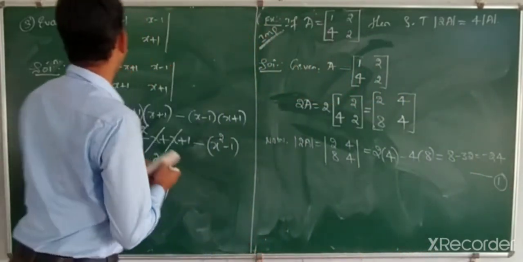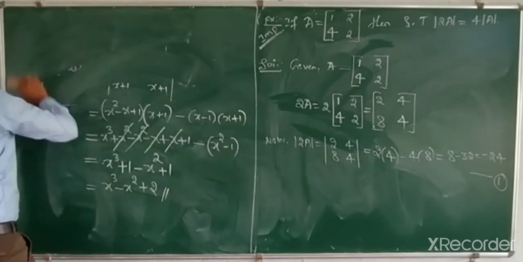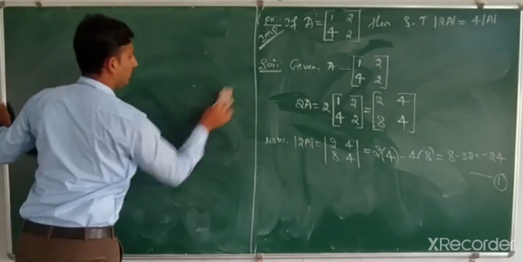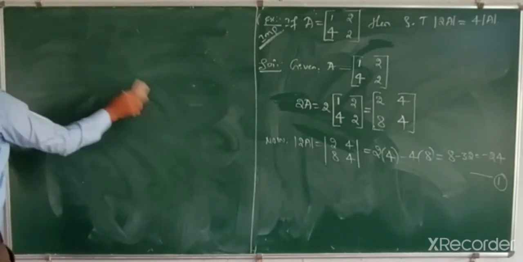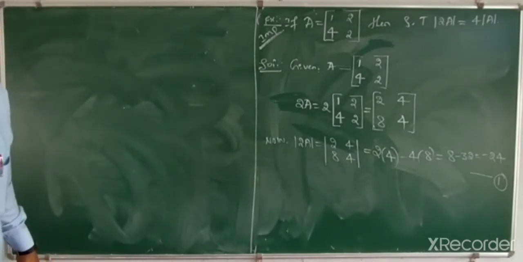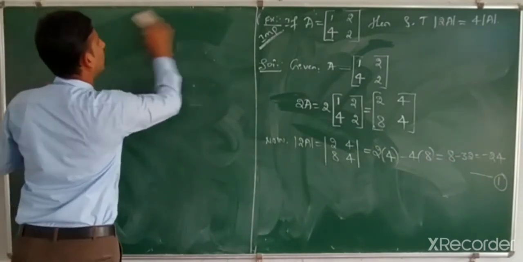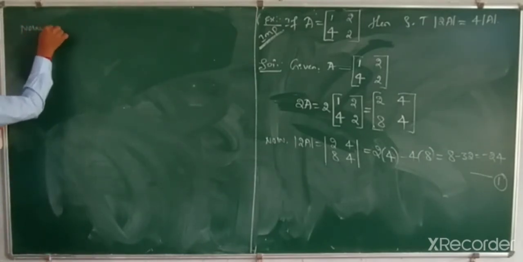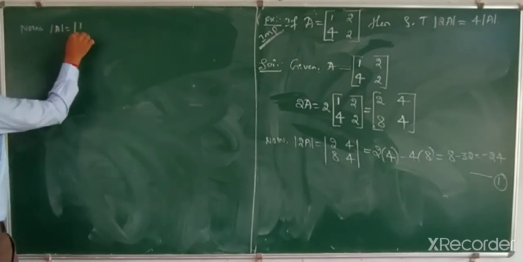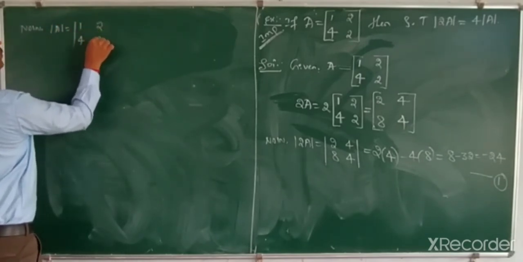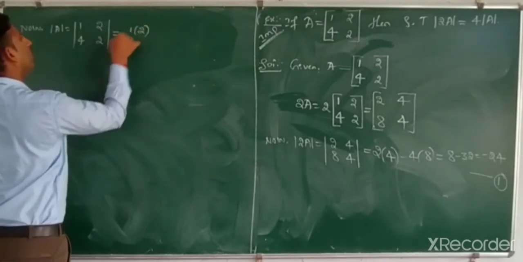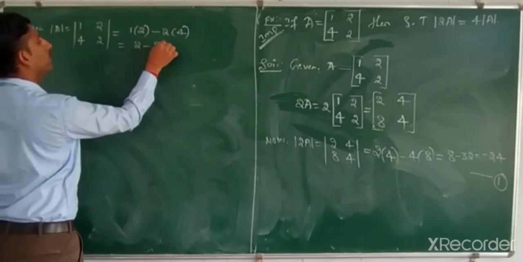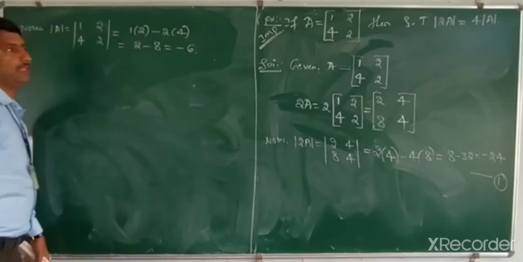Now we are going to take determinant of A. Determinant of A is equal to determinant of 1 4 2 2, which is nothing but 1 into 2 minus 2 into 4, which is equal to 2 minus 8, which is equal to minus 6.